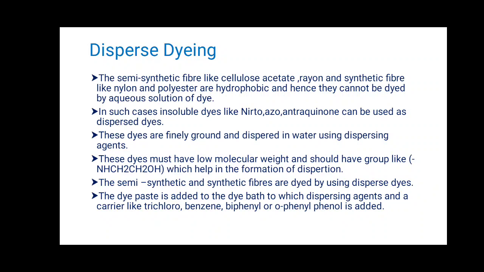The dye paste is added to the bath, to which a dispersing agent and a carrier like trichlorobenzene, biphenyl or phenol is added. Dispersed dyes are used for semi-synthetic and synthetic fibers like cellulose acetate, rayon, nylon, nylon 66 and polyester, those having hydrophobic properties.